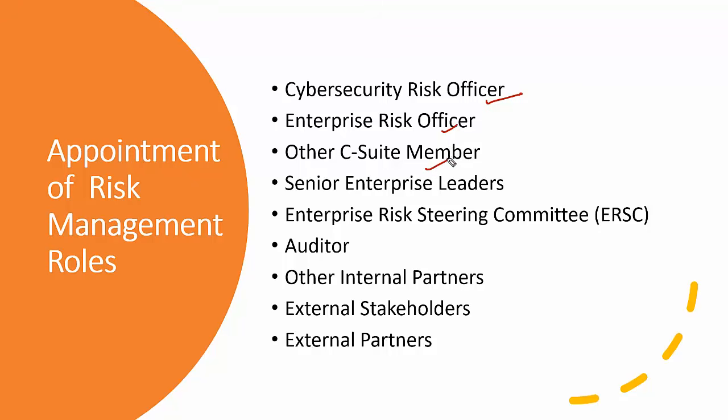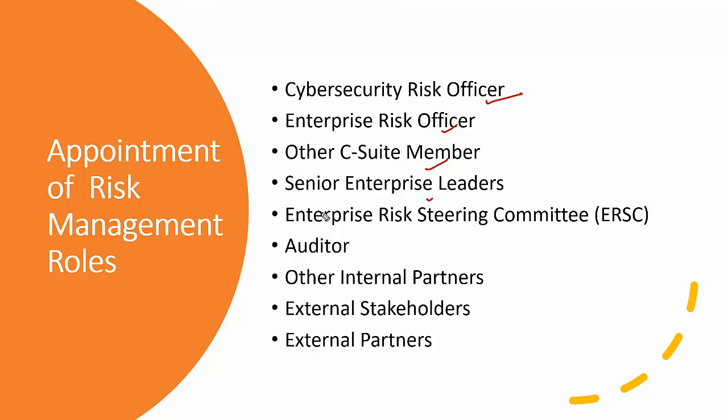Then we have other C-suite members like the CIO, the CISO, the CPO (Chief Privacy Officer), and the Chief Financial Officer. Then we need some enterprise leaders. Enterprise leaders can be agencies or corporate officials who represent the various elements of the organization and assist with managing and communicating risk throughout the enterprise.